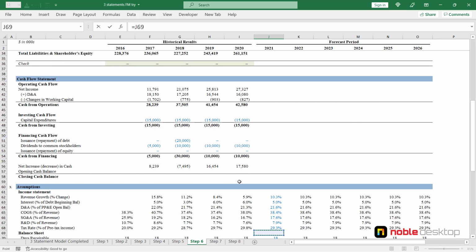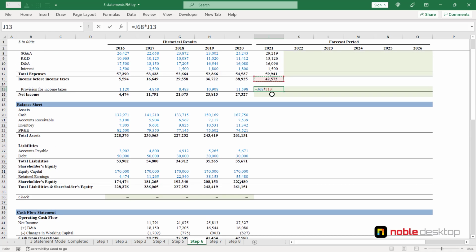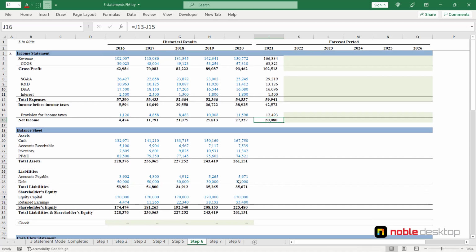So I'm going to find it in the row 68. And I'm going to multiply it by income before income taxes for the same year to find my provision for income taxes for 2021. Great job. And for the net income, again, I'm going to take the formula that we already filled in the very first step of our model.